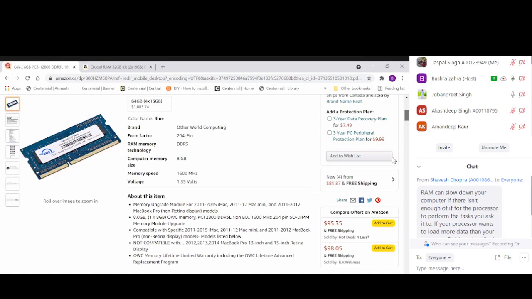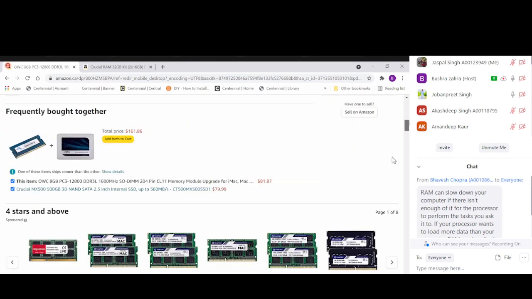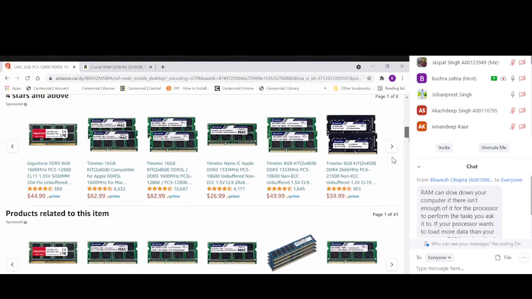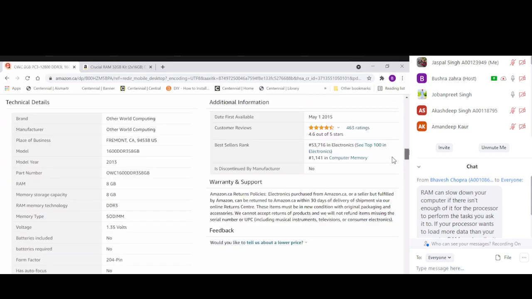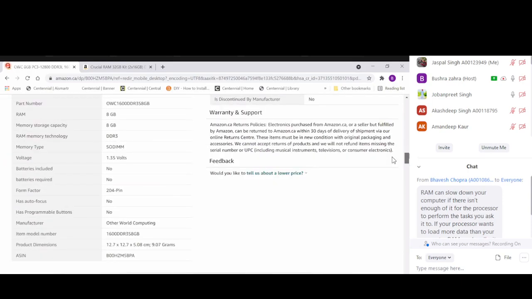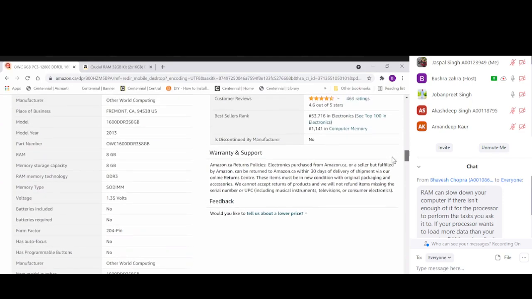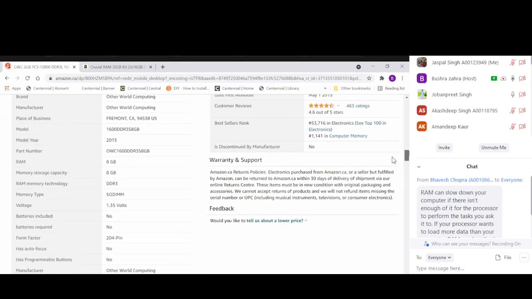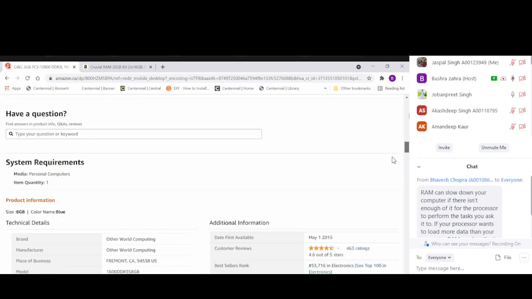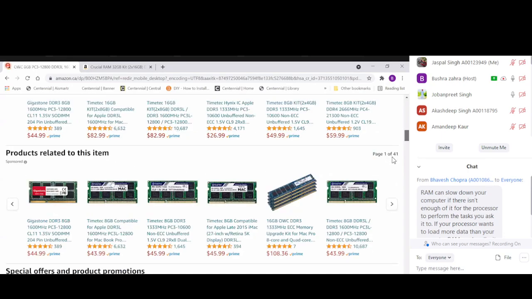I'm just wondering how to tell you something about ECC error checking. This module doesn't have it. Yeah, this model doesn't have it because it's a laptop.